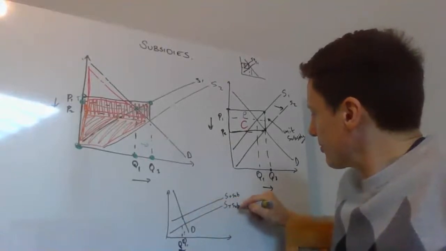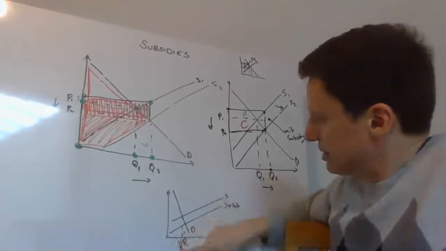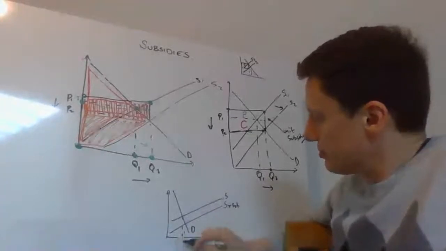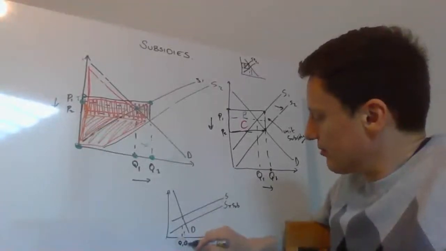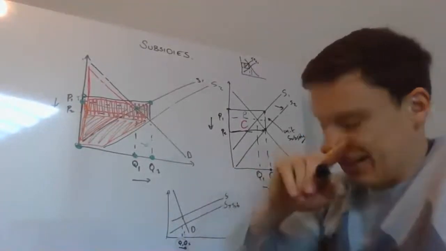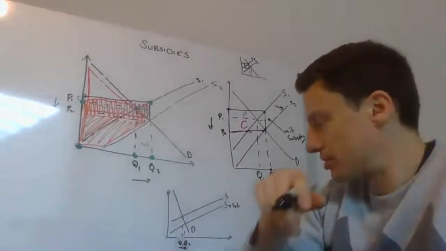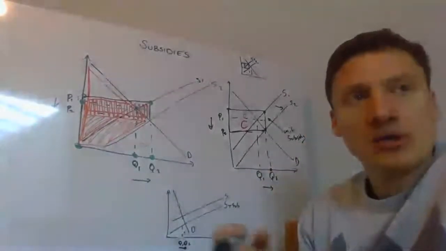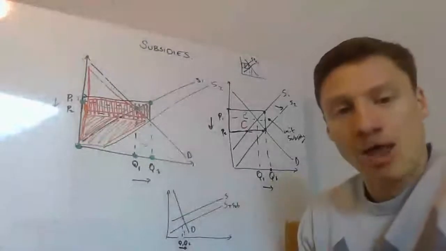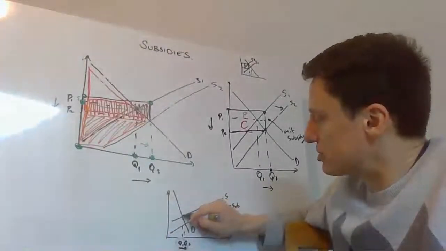I've done this the wrong way around, haven't I? See, even teachers can make mistakes too. So the first thing to say is that the sales have not increased by very much. Remember, it's inelastic demand. So pulling down on price is unlikely to have a large impact on sales.